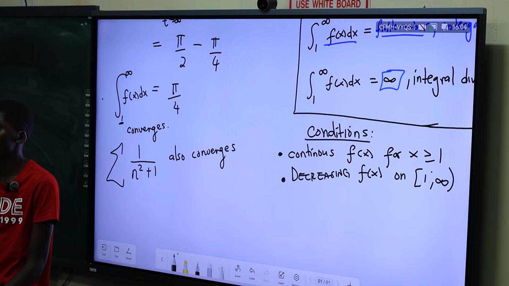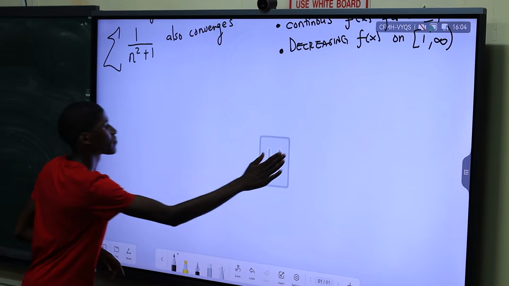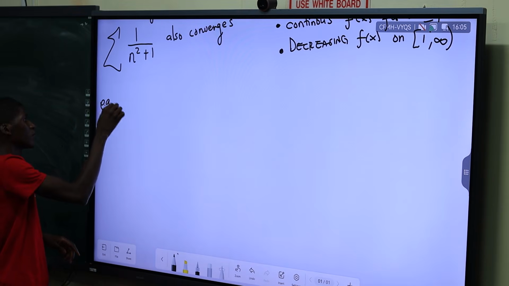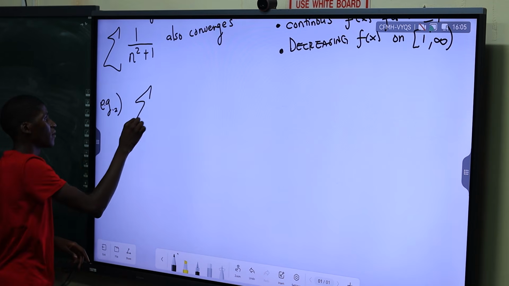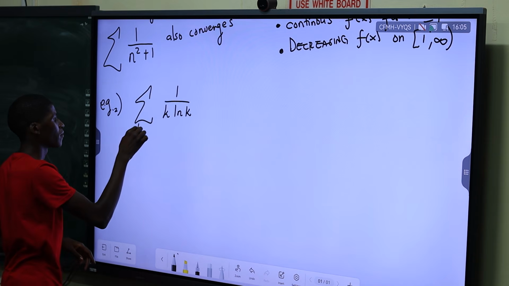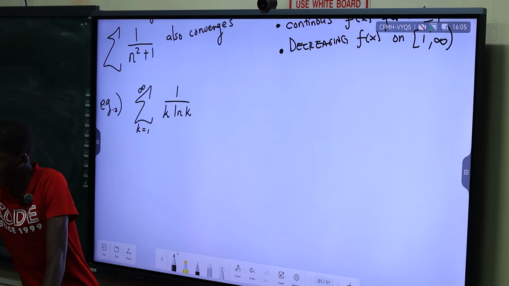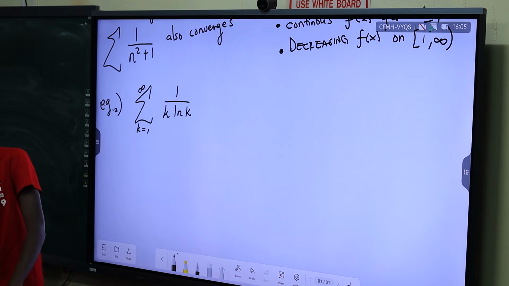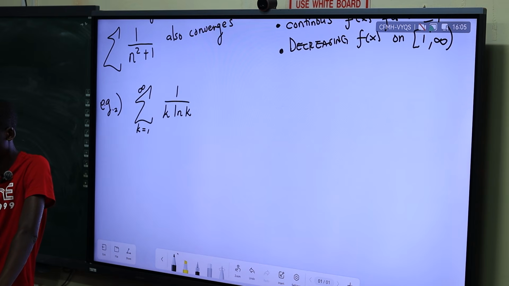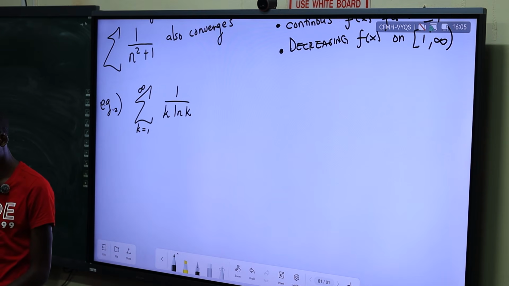Is it understandable? All right, now a problem from your tutorial. How can we try and compute this? Determine whether it's convergent or divergent.